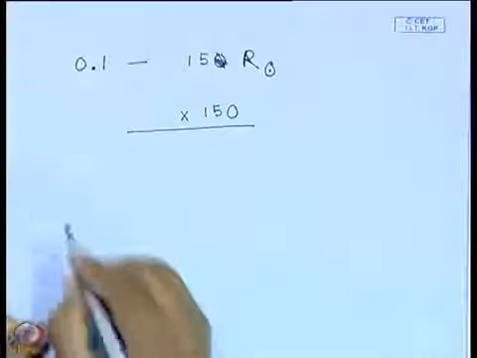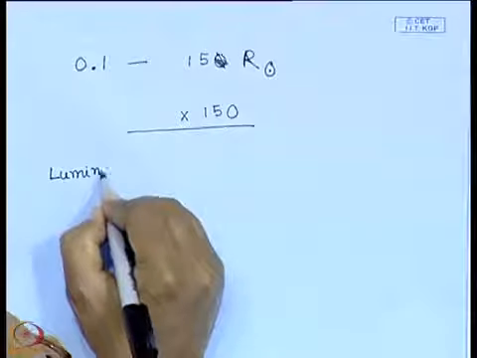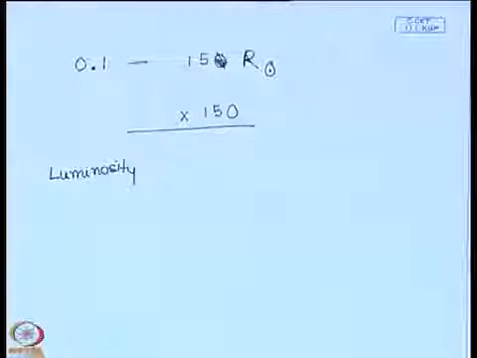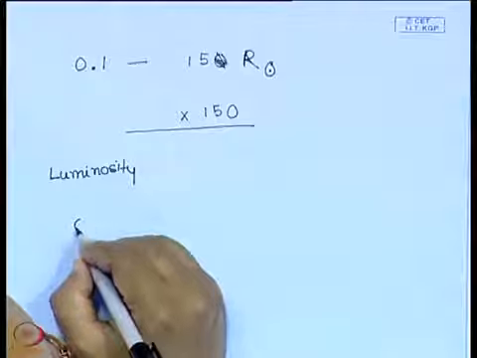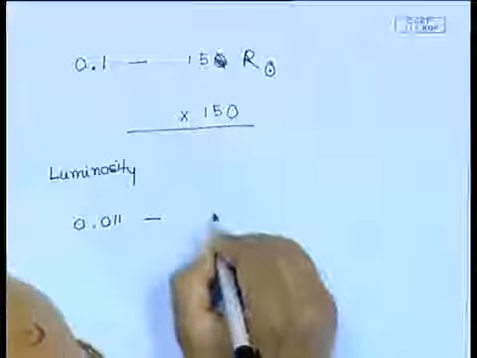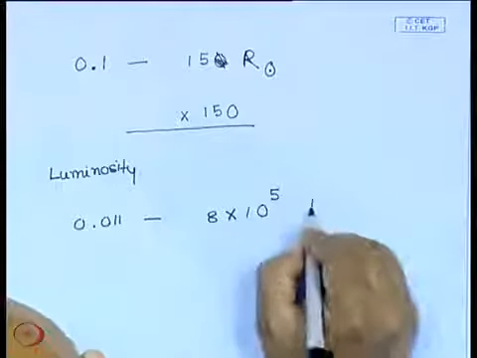But if you look at the luminosity, so you solve that equation and determine the luminosity of the star, solve the set of 4 equations which we had discussed and look at the luminosity of the star. The luminosities range between 0.011 to 8 into 10 to the power 5 solar luminosity.